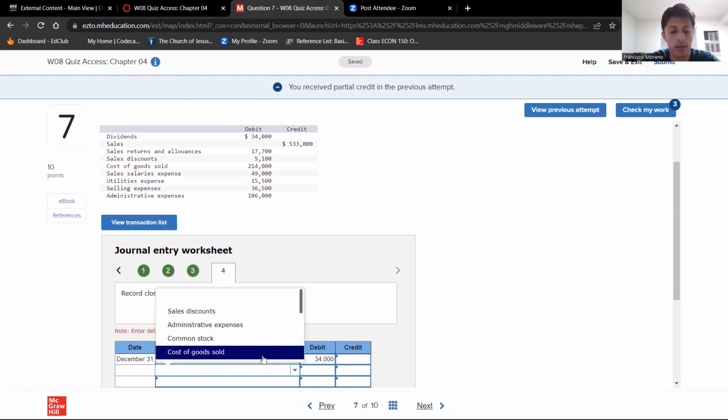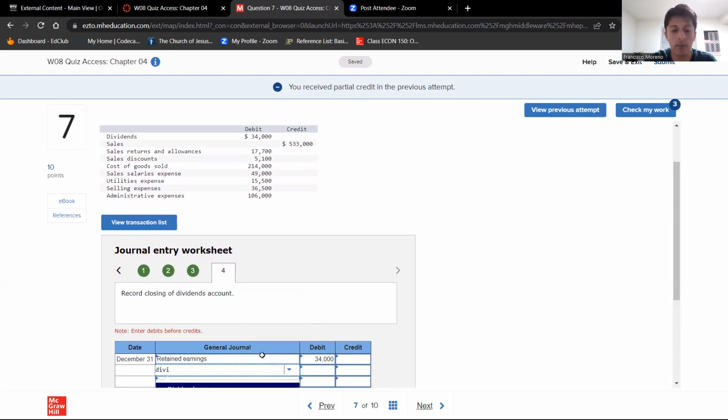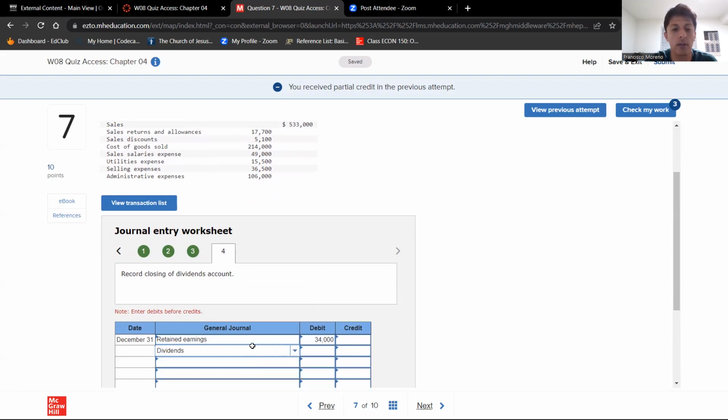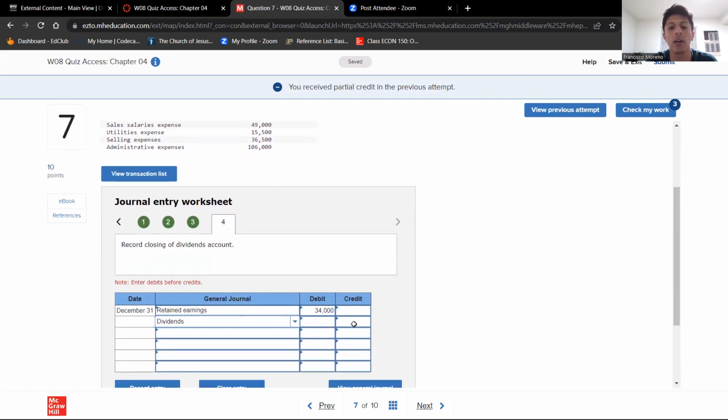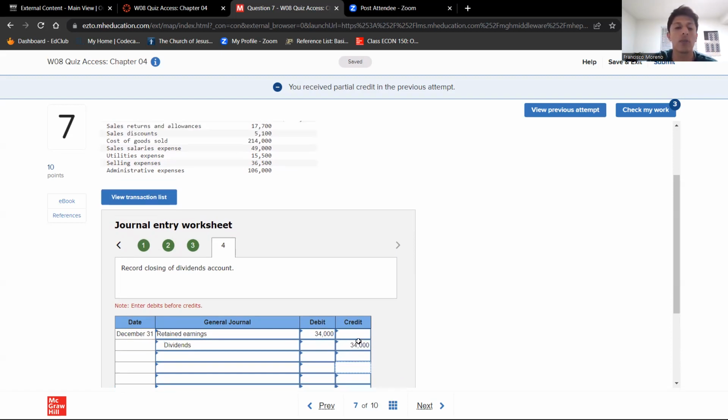That's what dividends are. So dividends, we're gonna close it by taking this amount and put it into the credit side. And that should be it.